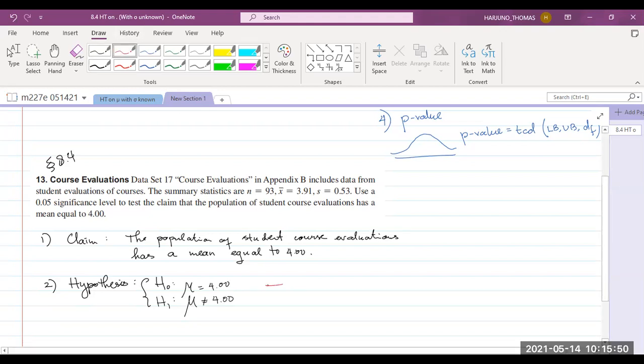So the claim is here, which means in our step 6 later on, we will try to reject. The wording will be: we will reject the null hypothesis, reject the claim, or not. From the alternate hypothesis, we see it's a two-tailed test. It means in our step 4, we need to multiply by 2.